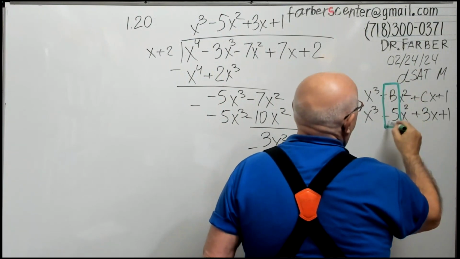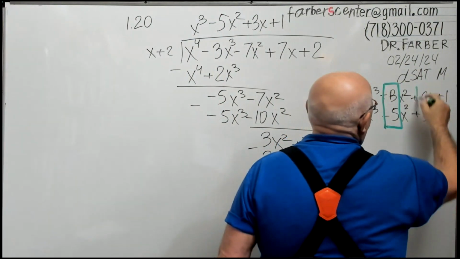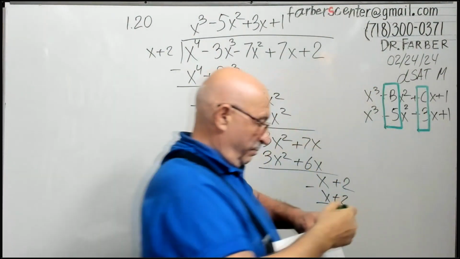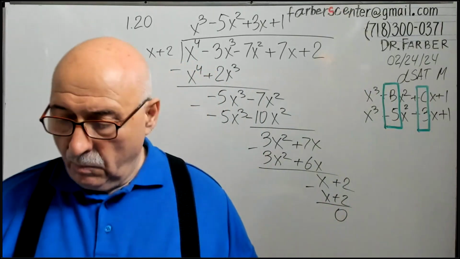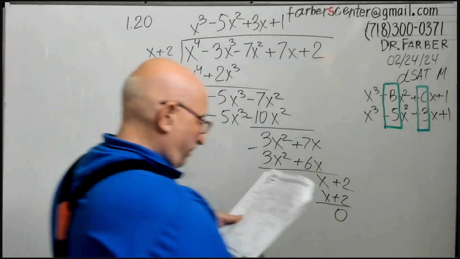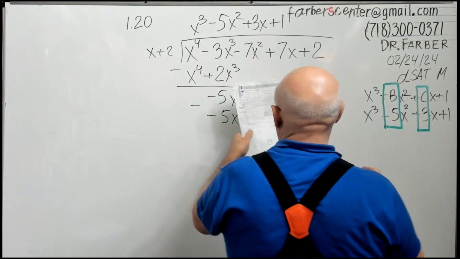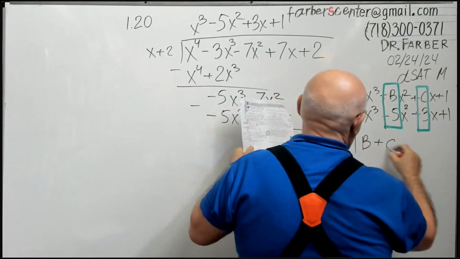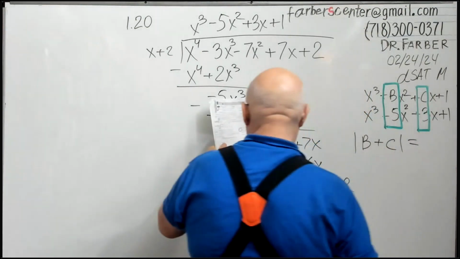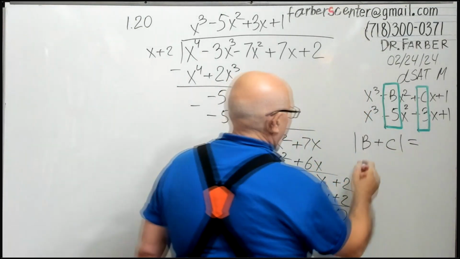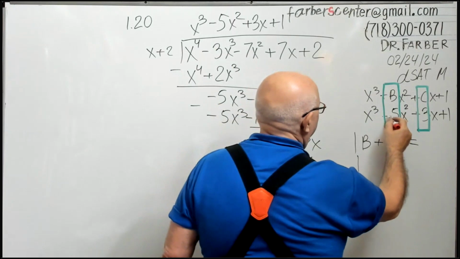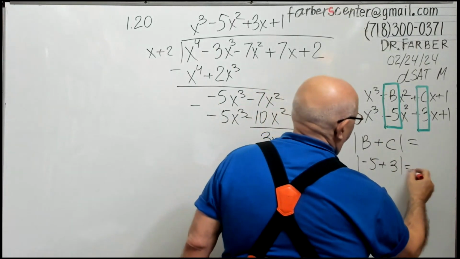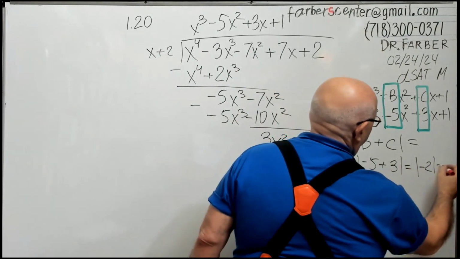B equals -5 and C equals 3. And they ask you to find what? They ask you to find the absolute value of B plus C. Which is the absolute value of -5 plus 3, absolute value of -2, which is 2.